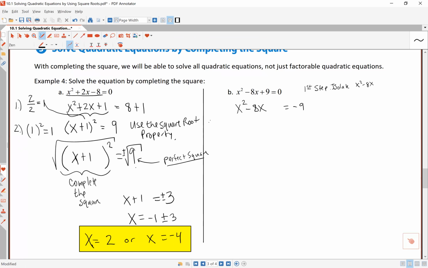Once we do that, the first step is to take the coefficient of x and divide by 2. Then we square that number and get 16. That's the term that I have to add to make that a perfect square. But what I do to one side of the equation, I must also do to the other side.